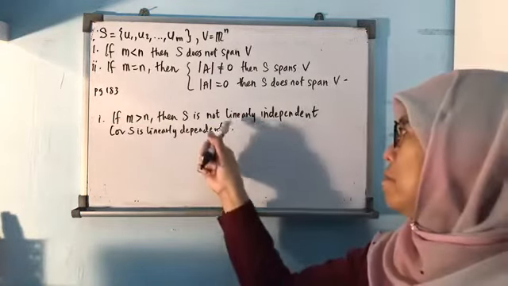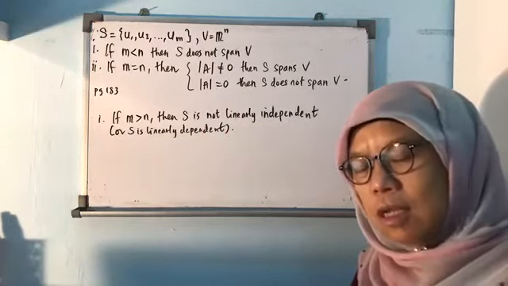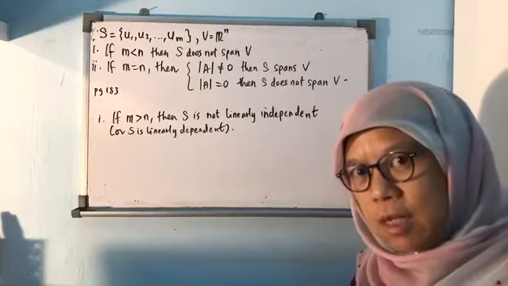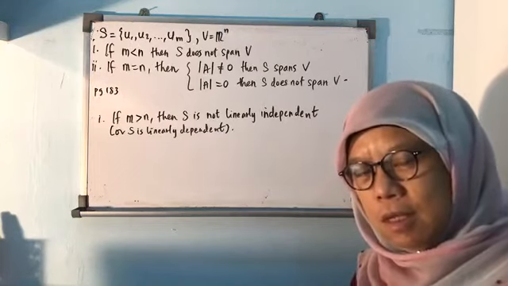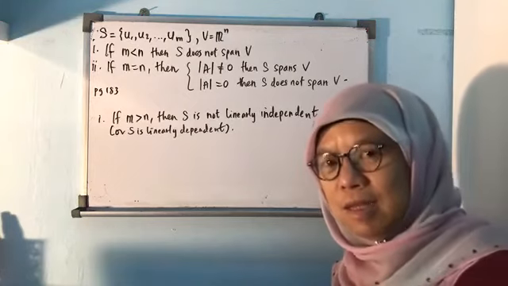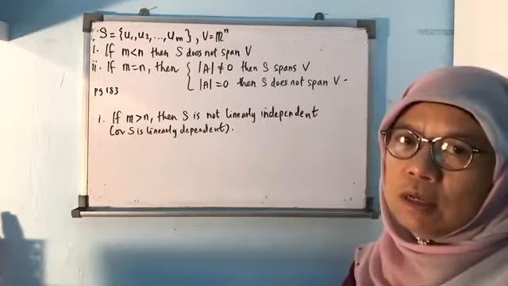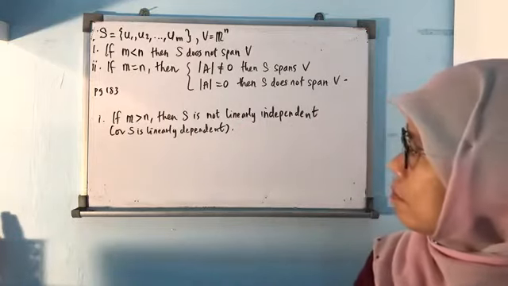Kenapa saya nak guna panjang-panjang not linearly independent? Because later on, there is a definition of a basis. A basis is when it spans V and linearly independent. That is why we always want to use the word linearly independent.